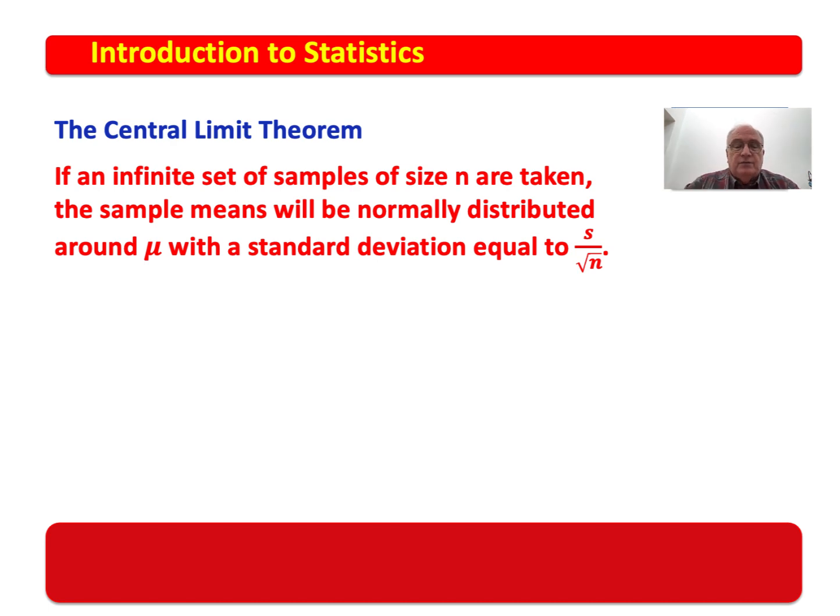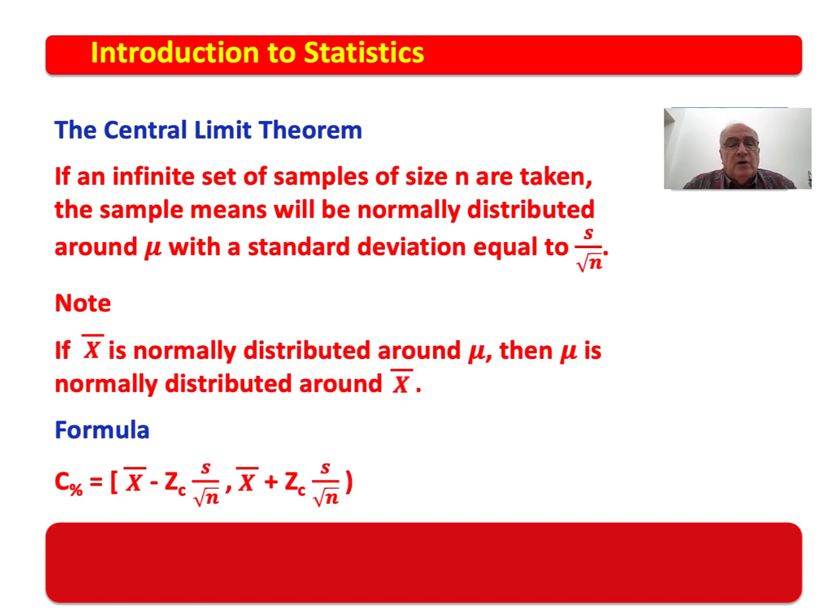Now, this is a very powerful thing. That says that if we take an infinite number of samples, then all of the x bars of those samples will be normally distributed around mu, and they will be very tightly clustered around mu with a standard deviation equal to s over the square root of n.